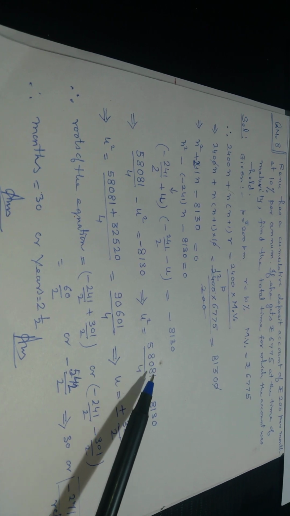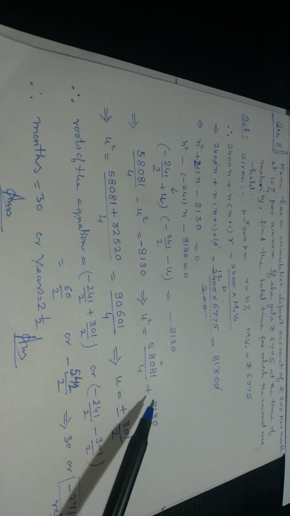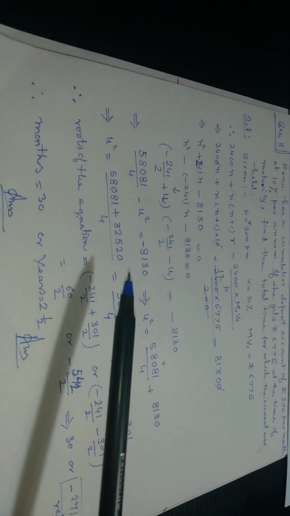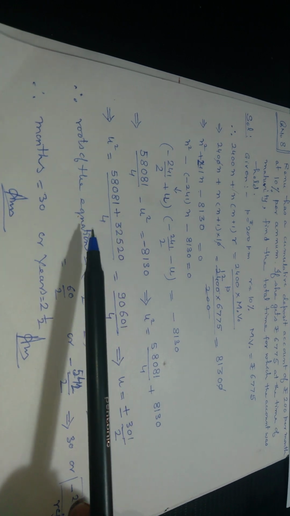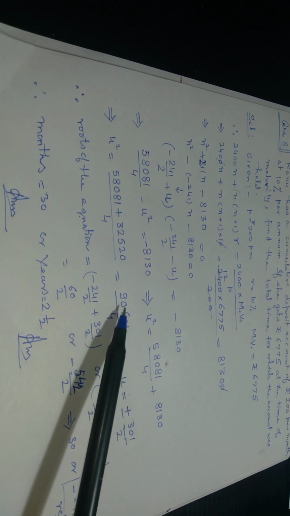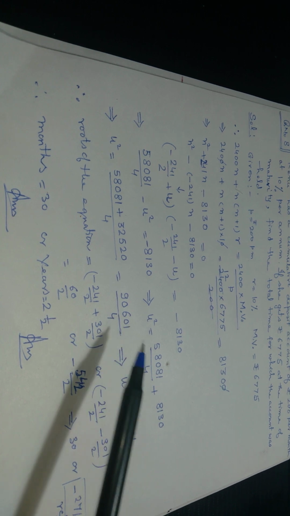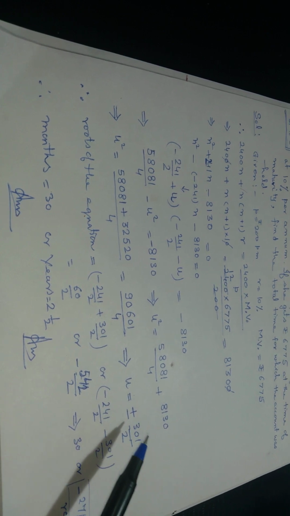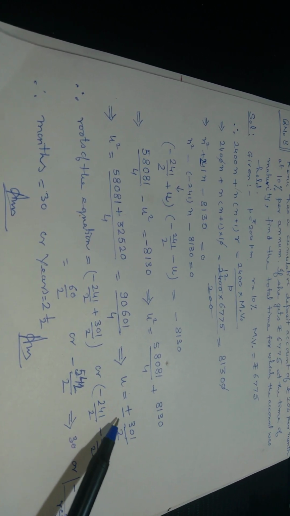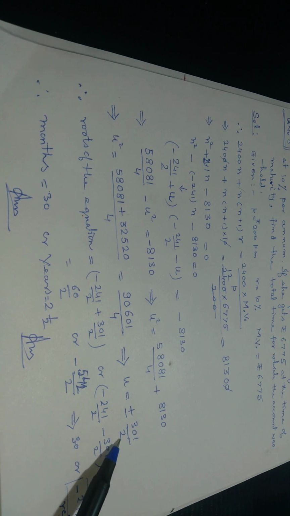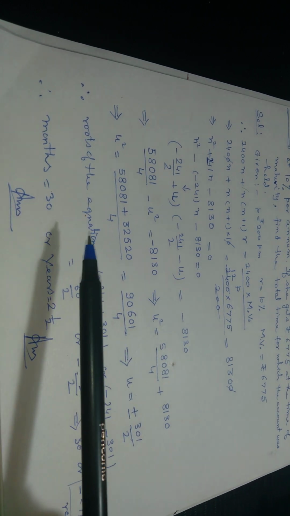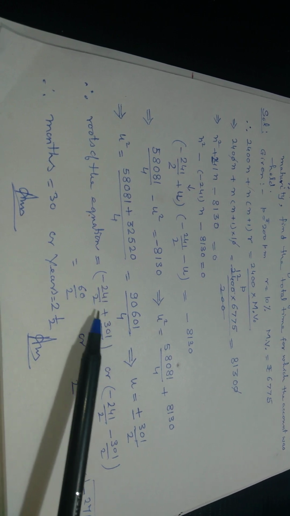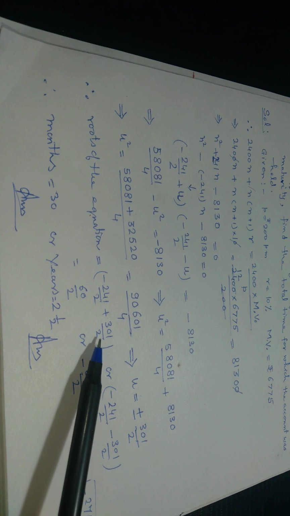We just solve it. U square will be equal to 90,601 by 4. So further you solve it, take out the square root of it, you will get plus minus 301 divided by 2. Now the roots of the equation will be minus 241 by 2 plus 301 divided by 2.